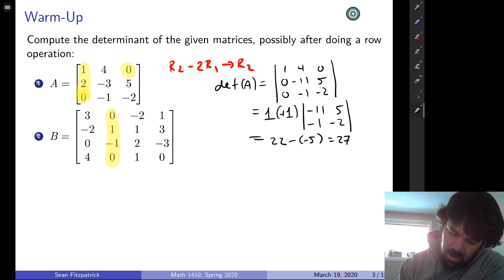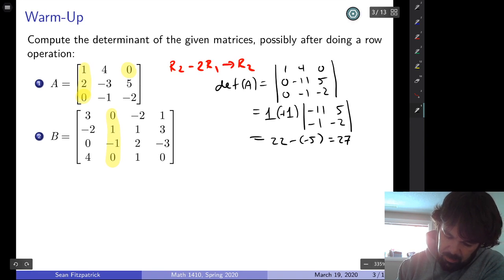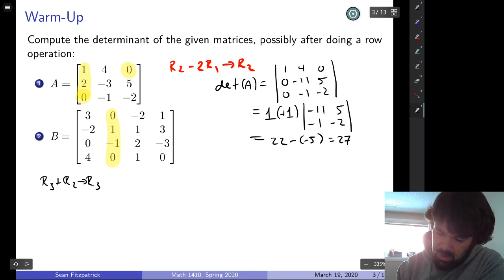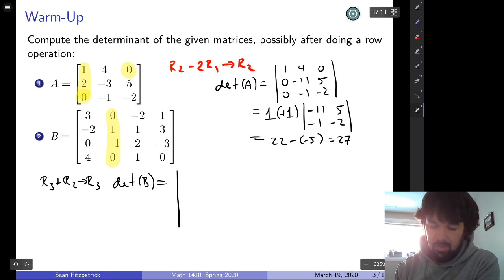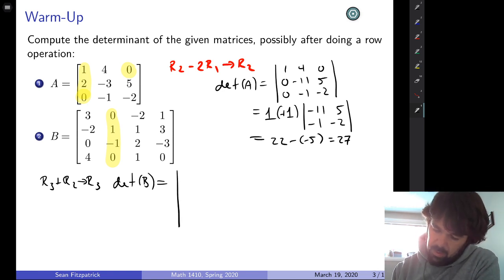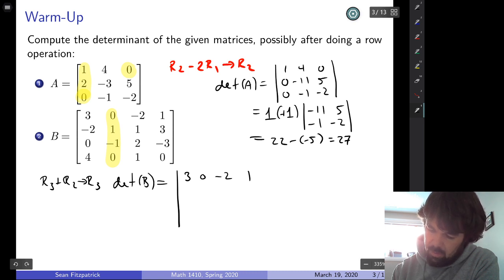So if I take the determinant of B and I do row 3 plus row 2 into row 3, then the determinant of B will be equal to the determinant of the matrix I get after that row operation. So row 1 didn't change, 3, 0, minus 2, 1.